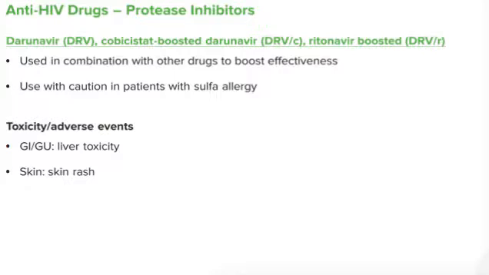Darunavir, DRV, cobicistat-boosted darunavir, DRV/C, and ritonavir-boosted darunavir, DRV/R, are used in combination with other drugs to boost effectiveness, and need to be used with caution in patients with sulfur allergy.